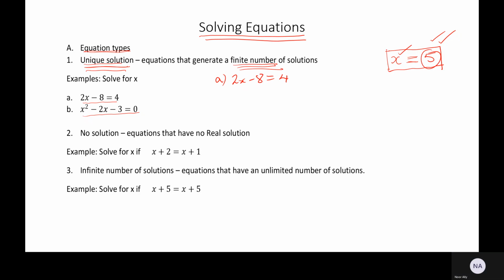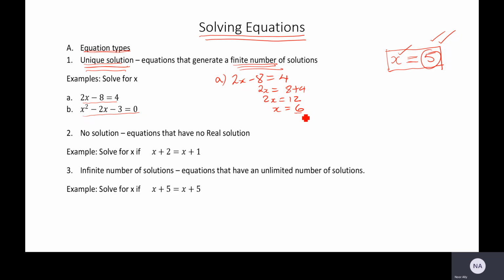But after a while, when you get to grade 9, 10, 11, and 12, you basically forgot that. And I'm pretty sure by now you forgot that because you just go through a process. For example, in this case, you transpose the 8, the minus 8 becomes the plus 8. You add that to the 4, you get 2x is equal to 8 plus 4. Then you divide and you get x is equal to 6.